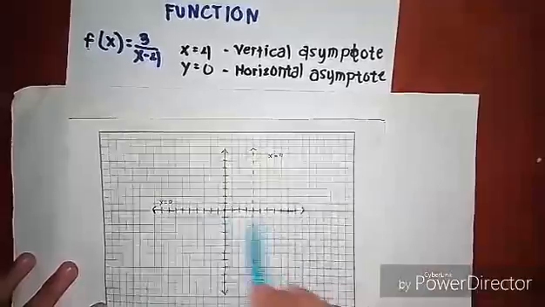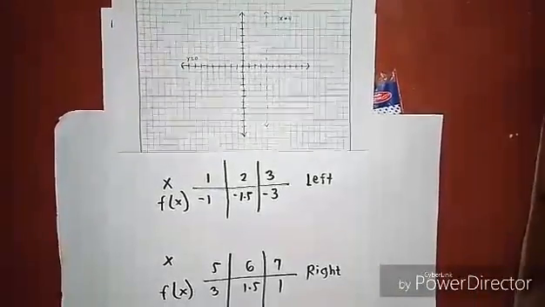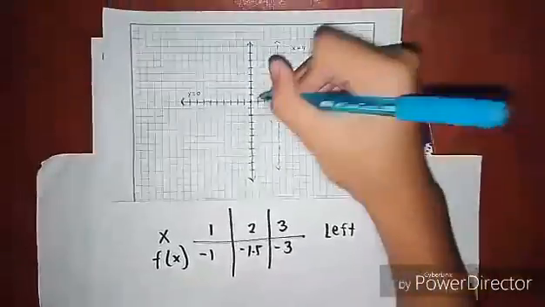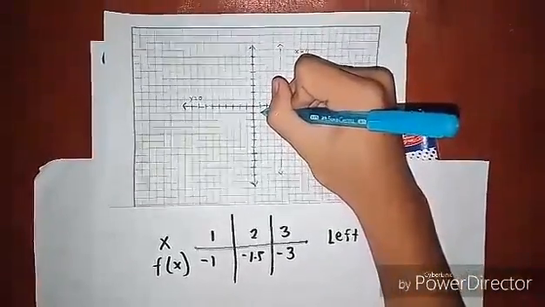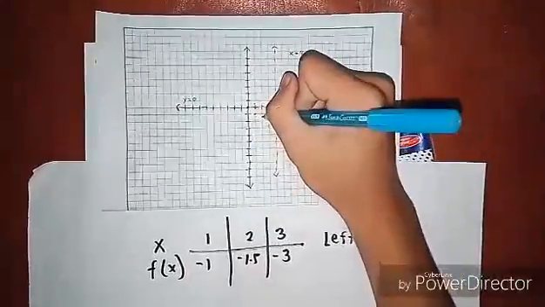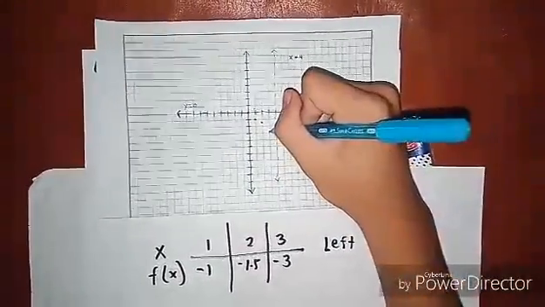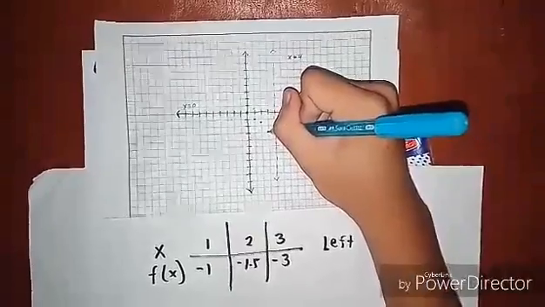This line here is our horizontal asymptote. We will plot now the points of our table of values: 1 and negative 1, 2 and negative 1.5, 3 and negative 3.